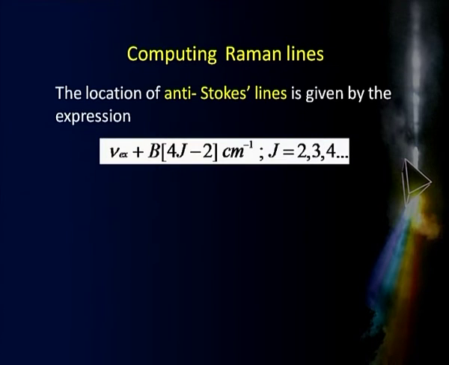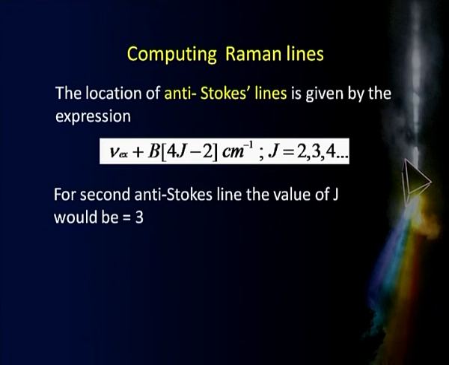The second thing we wanted to compute was the location of the second anti-Stokes line, and we know that the location of anti-Stokes lines is given by nu excitation plus B times (4j minus 2), where j is 2, 3, 4 and so on. Since we need to locate the second anti-Stokes line, the value of j will be 3, the first being from j equal to 2.